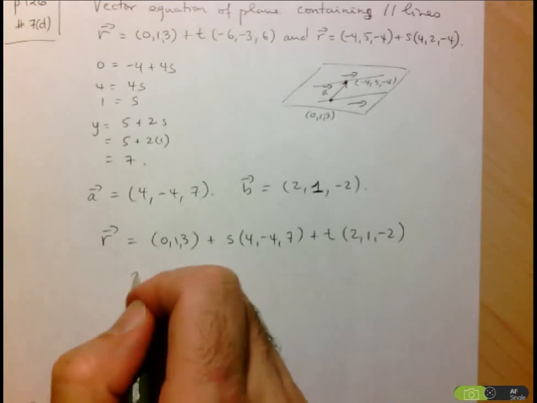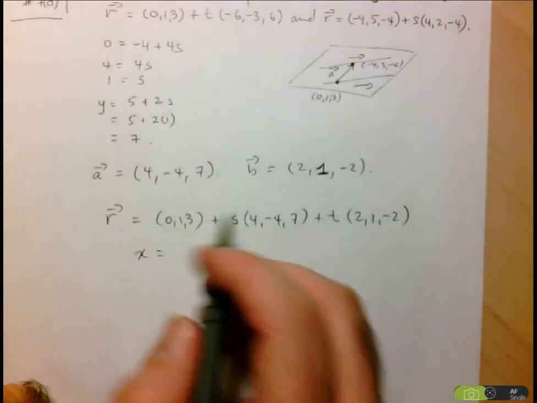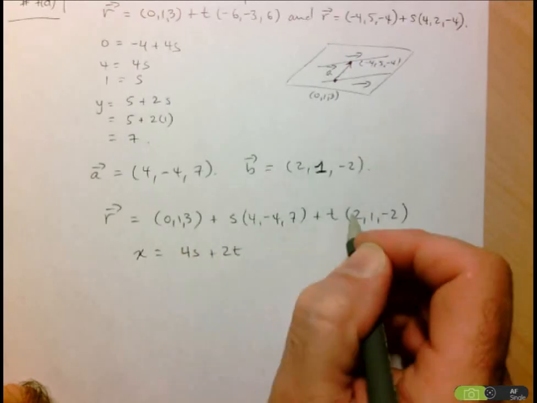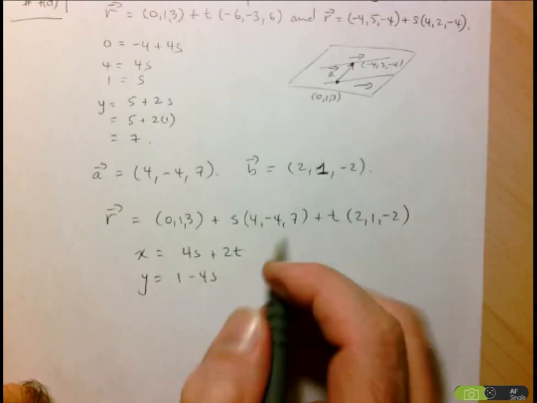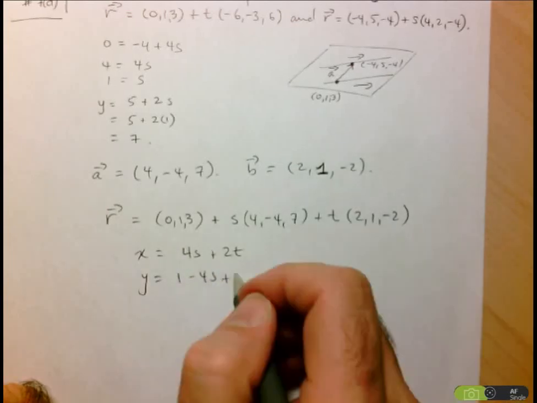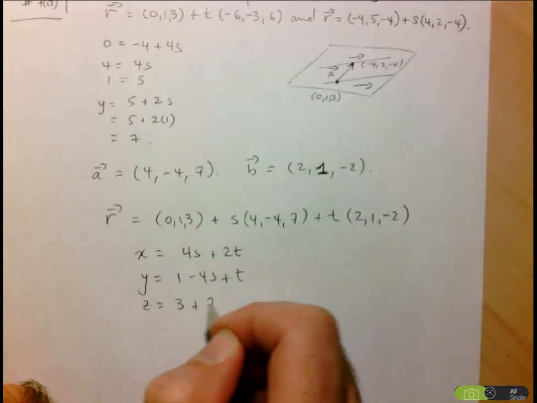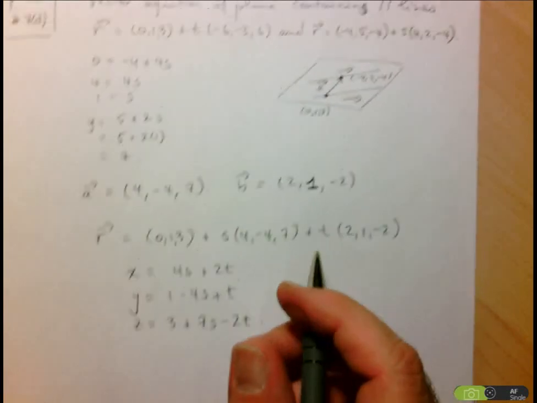If I did want to write this in parametric form, we might as well do that here. The x component is 4s plus 2t, the y component will be 1 minus 4s plus t, and the z component will be 3 plus 7s minus 2t. So there you have it.